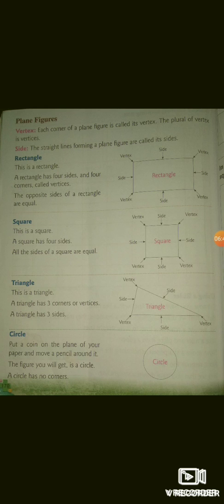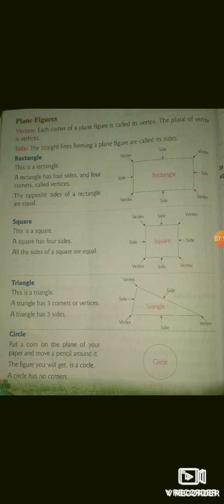Now come to our first plane figure, that is rectangle. You are very well familiar with these shapes. So the picture you are seeing in your book is a rectangle. A rectangle has 4 sides and 4 corners called vertices.